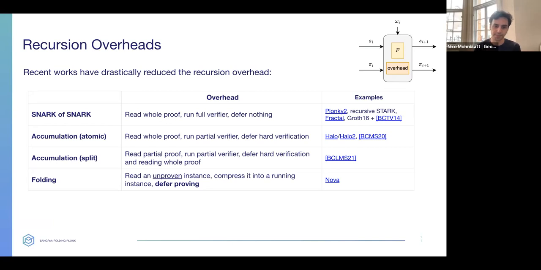That's what the folding is. And proving, you defer to the very end. So you only prove once a circuit of approximately the size of f. But somehow this one problem contains all the previous problems.